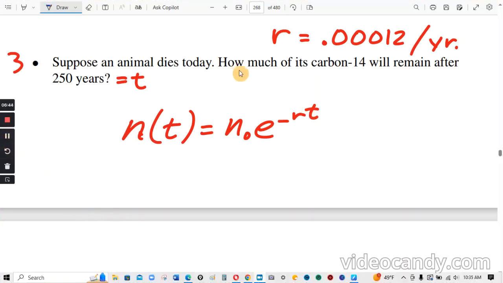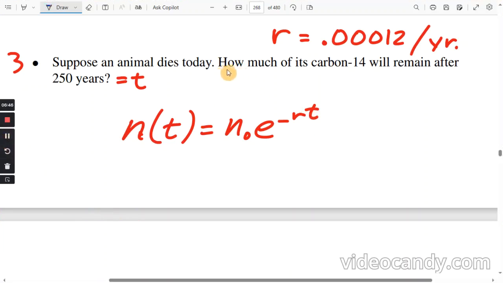Now they ask how much will remain. So what do they mean by that, how much? Well, what they mean is the percentage of the original.